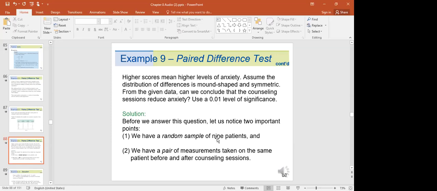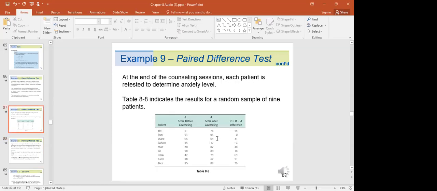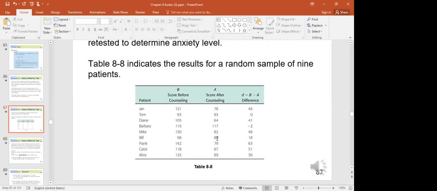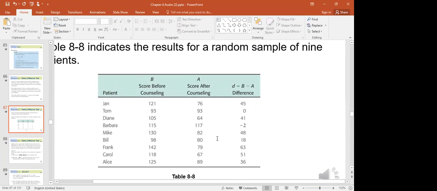That is the claim. You can see the data here, anxiety before, anxiety after. Even from observation, you can see that in general, anxiety before counseling is bigger than anxiety after counseling.